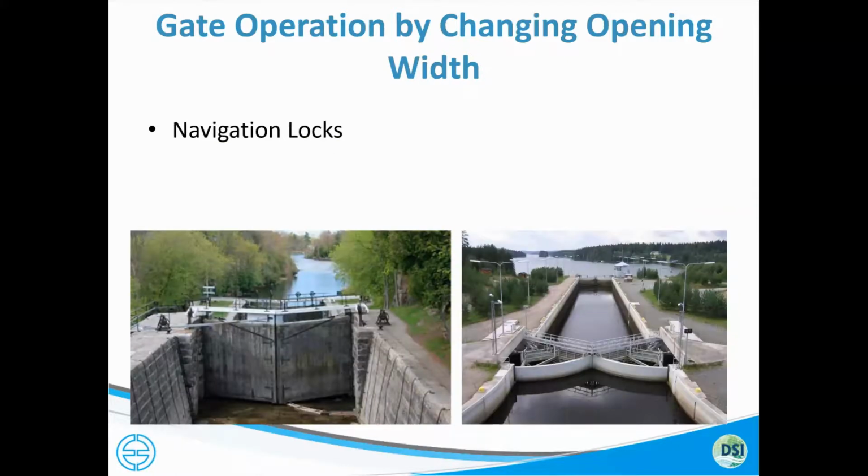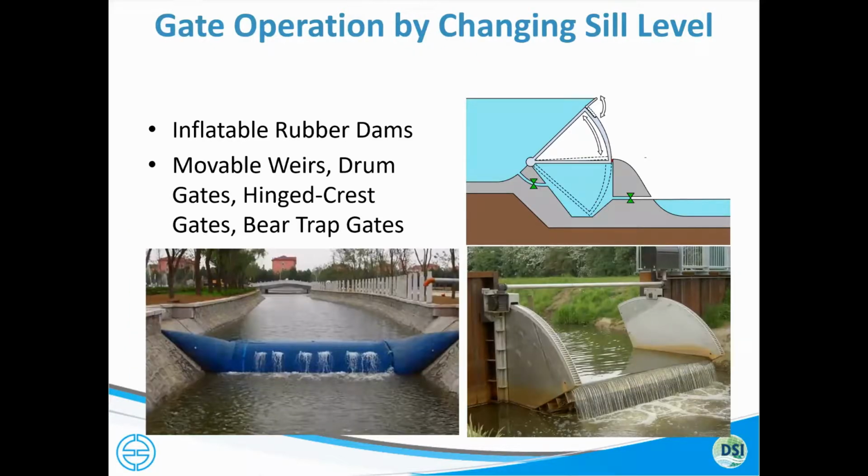Another type of temporally varying hydraulic structure is when the widths of the gate are changing, as an example of, say, navigation locks. Another example would be where the bottom elevation or the sill elevation changes with time. With these typical kinds of gates, you've got an inflatable gate, or you've got some kind of movable gate, as you can see here.